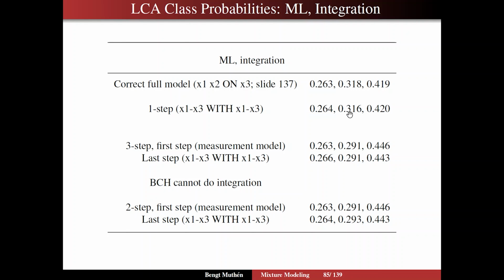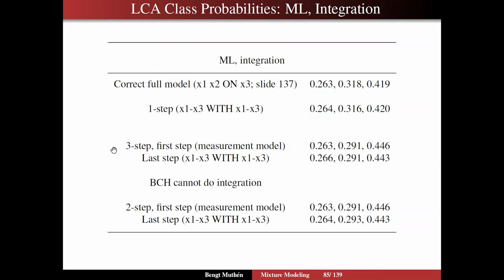So we can consider the one-step model to be the correct model here. Usually in simulations in the literature, the focus is on models where one step gives bias relative to the multi-step approaches. But here, one step is actually a correct approach to which we can compare other approaches.